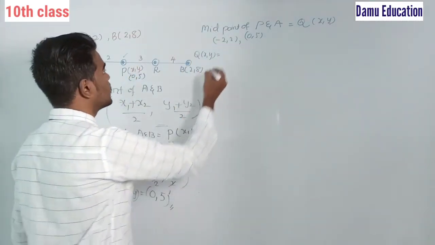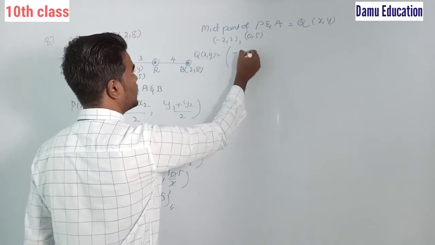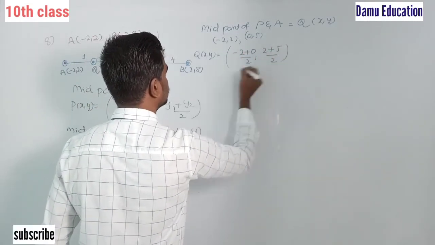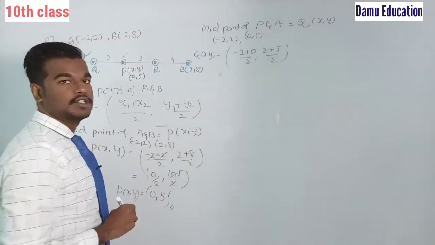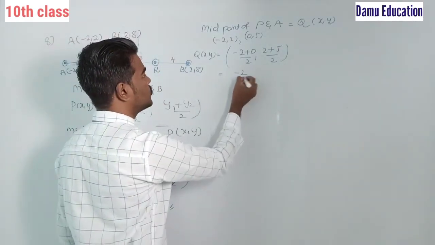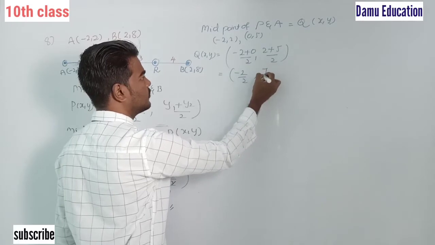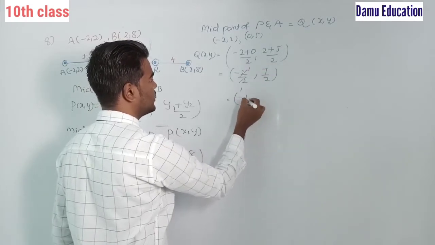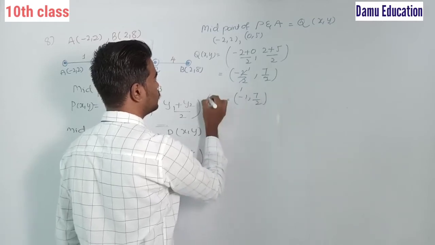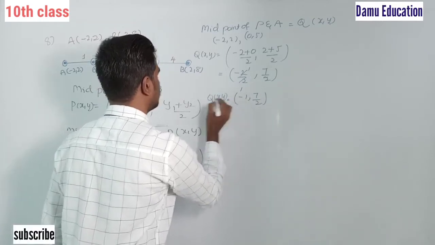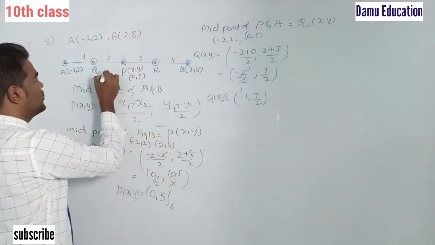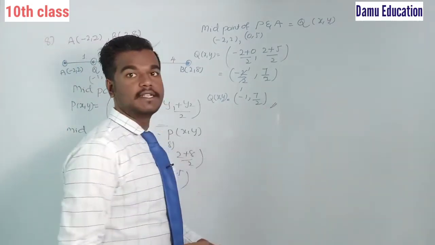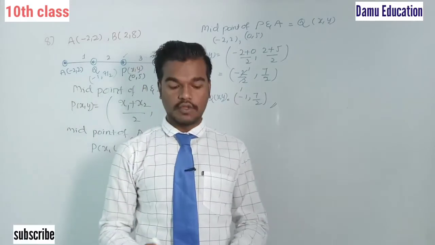So here Q of x comma y is x1 plus x2, minus 2 plus 0 by 2, and 2 plus 5 by 2. So we get minus 2 by 2 and 7 by 2, which is minus 1 comma 7 by 2. That is Q of x comma y. So this is our next coordinate.